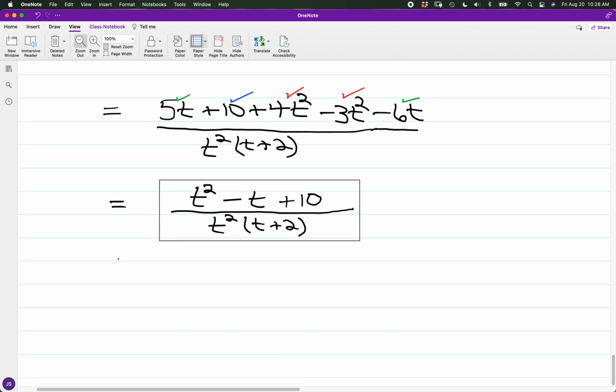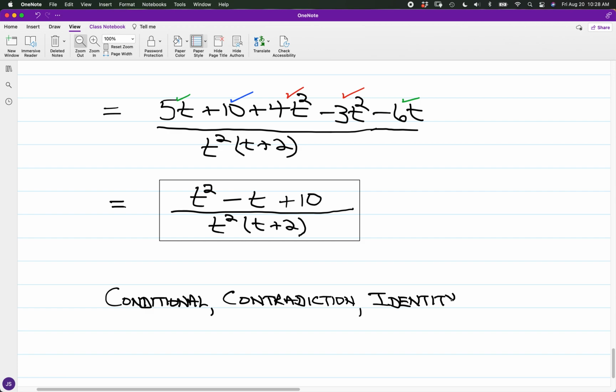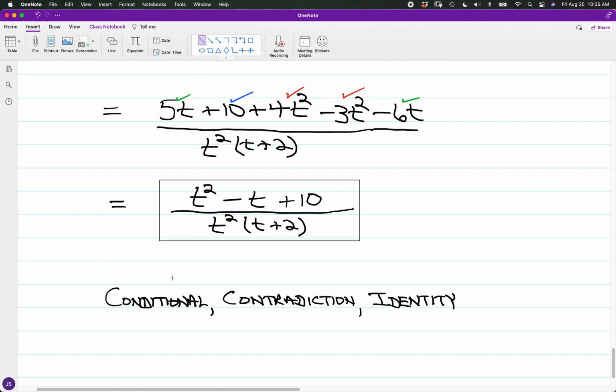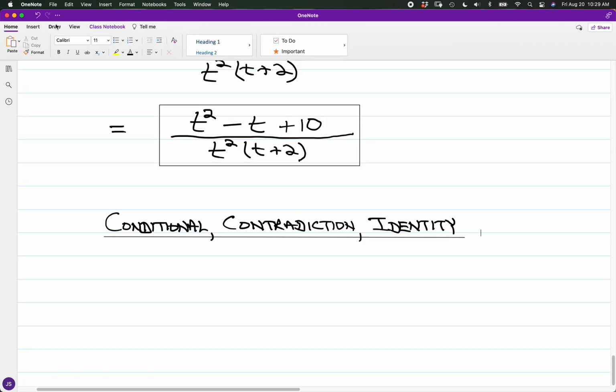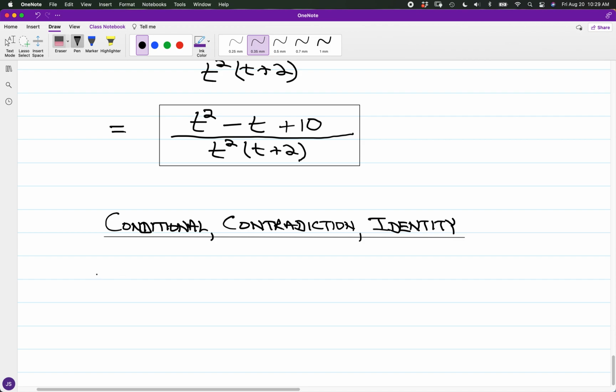And the ones of interest, we have conditionals, you also have a contradiction, and also we have identity. And looking at each of the categories. Now, most of the ones you'll be encountering will be the conditionals.